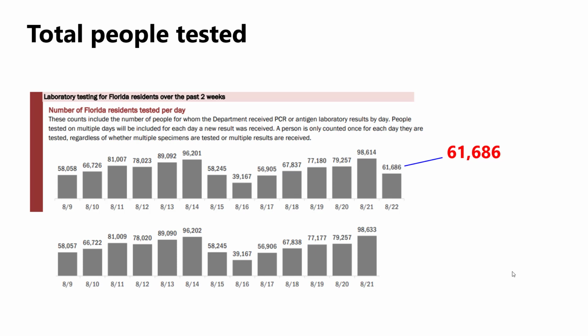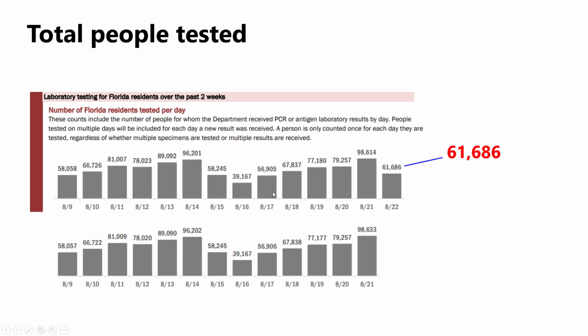61,686. The one thing that I do want to mention now: you'll see some bars that I've put down here at the bottom. These are the same bars, lined up so that the dates are the same, from the previous day's report. The only thing I want you to notice is that if we compared on a given day the previous day's report to the current day's report, not always, but more often than not, you're going to see a difference in the numbers, right?